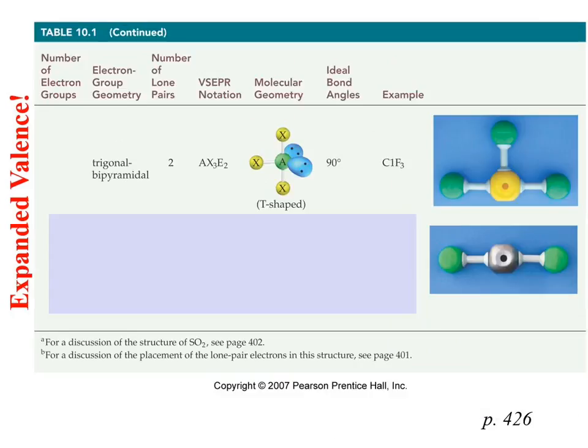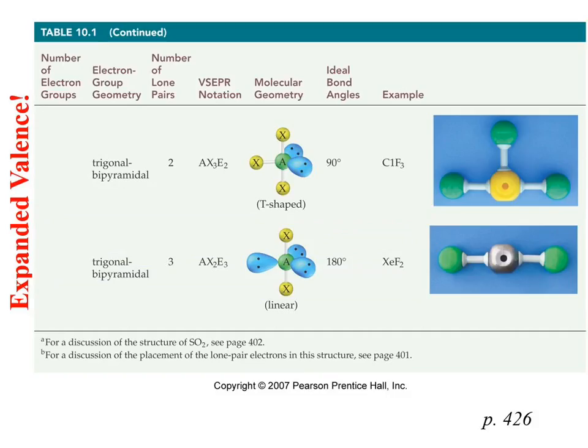I have a few more. So this is where now, again, sp3d. Now we're going to substitute 2 for lone pair electrons. That's T-shaped. Although, like I said, this first column over here is telling you the structural geometry around atom A is the same. And then last but not least, is that not cool or what?